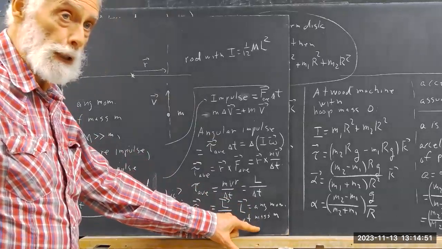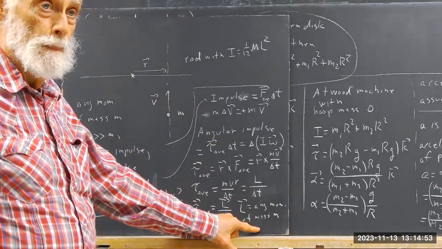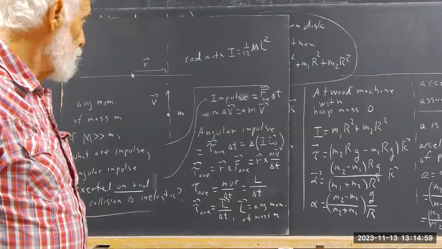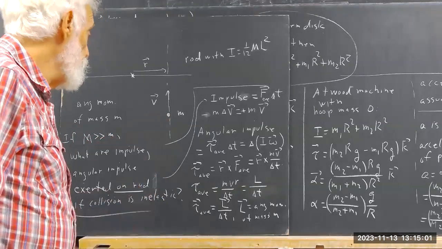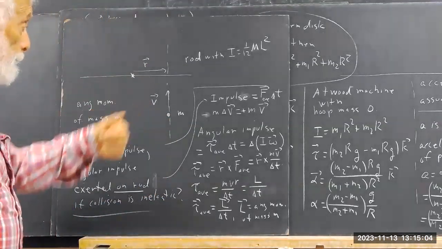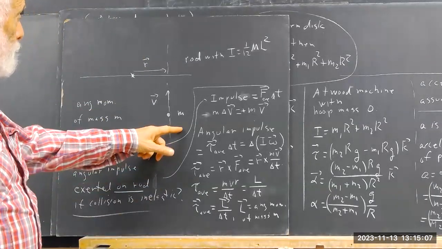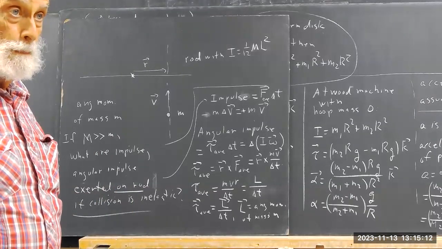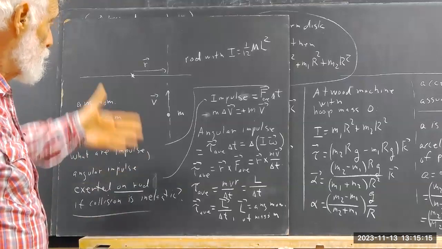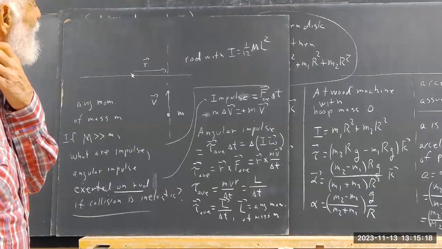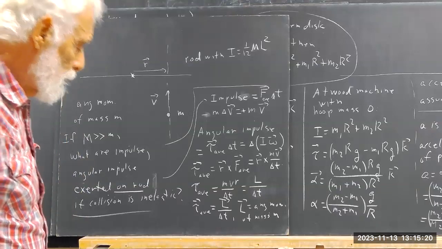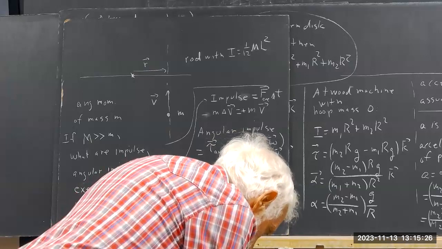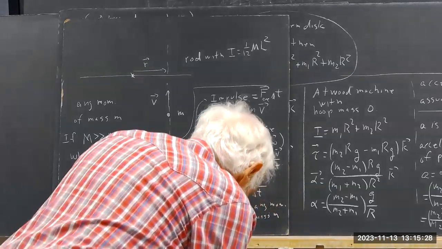L is the angular momentum of mass M. So our conclusion is the angular momentum of mass M is M times R cross V. And that's something we kind of know. Now we want to contrast that. This is one of the confusing things about angular momentum.